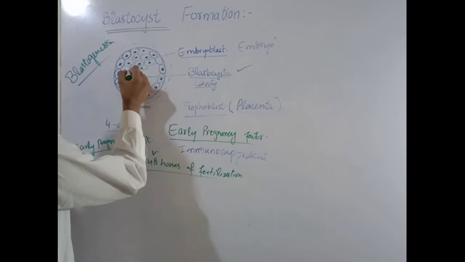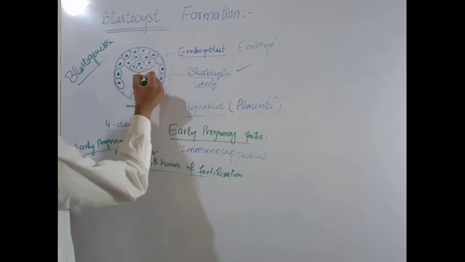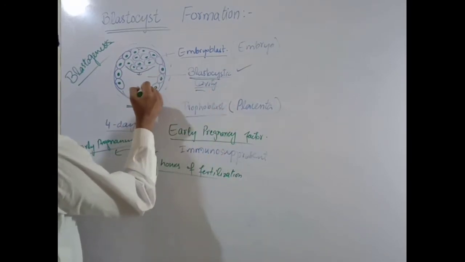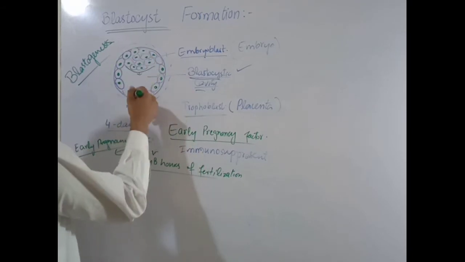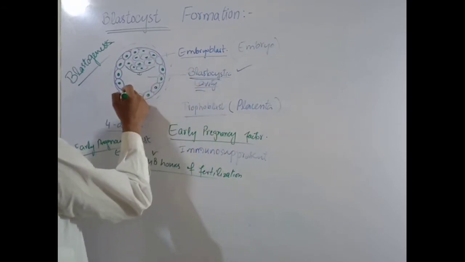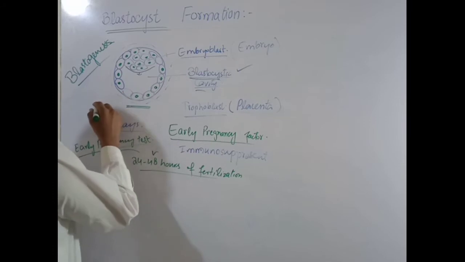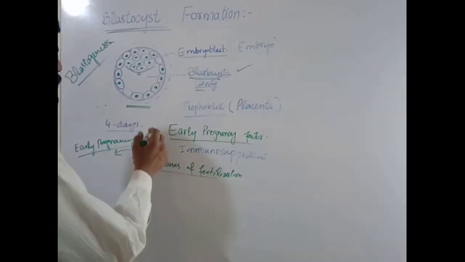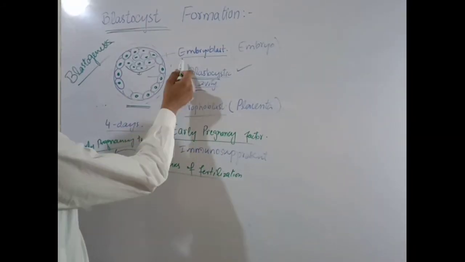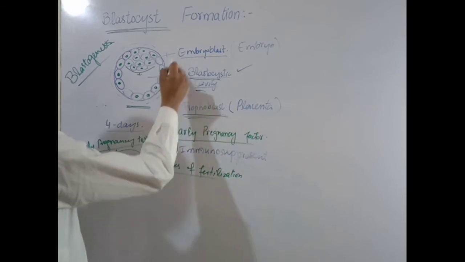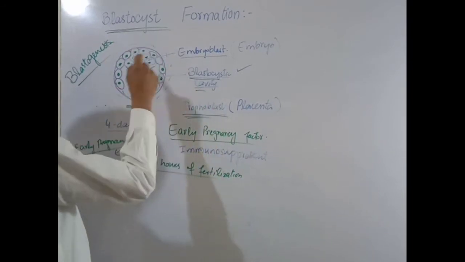The embryoblast now projects into the blastocystic cavity, and the whole structure containing the trophoblast around it is called the blastocyst. Trophoblast forms the wall of the blastocyst.